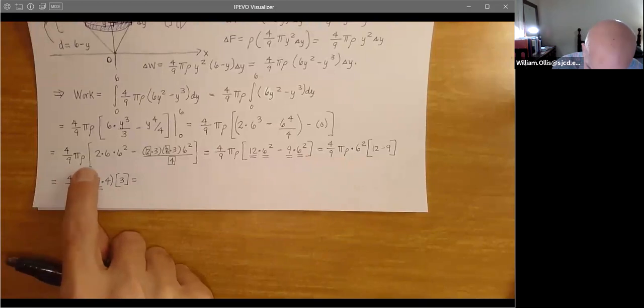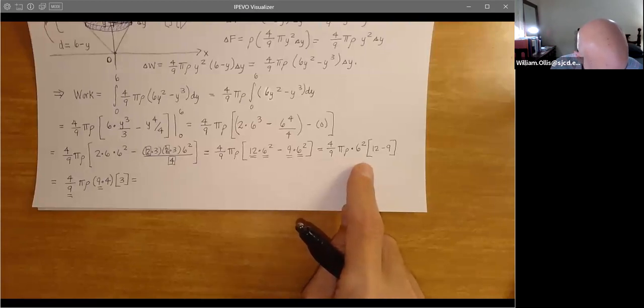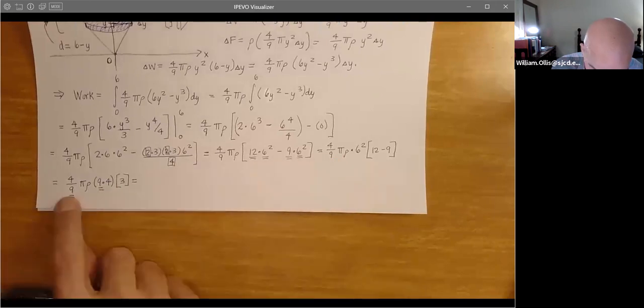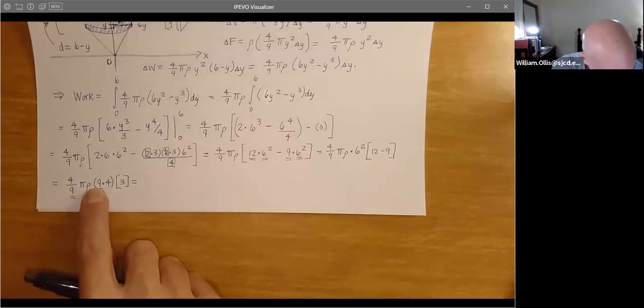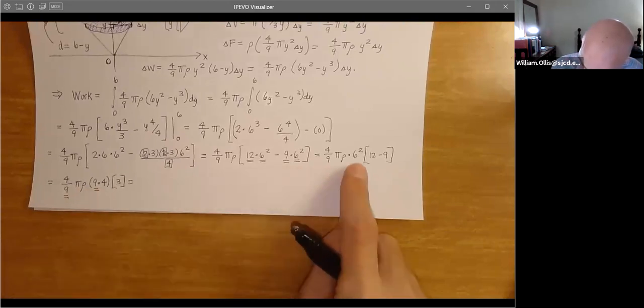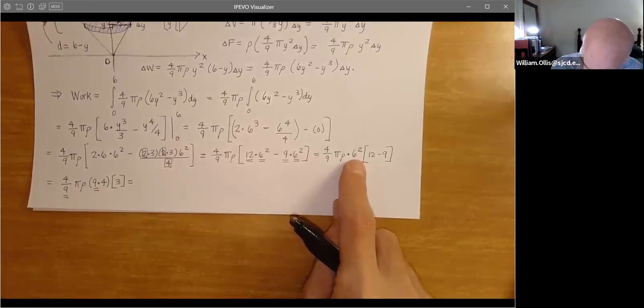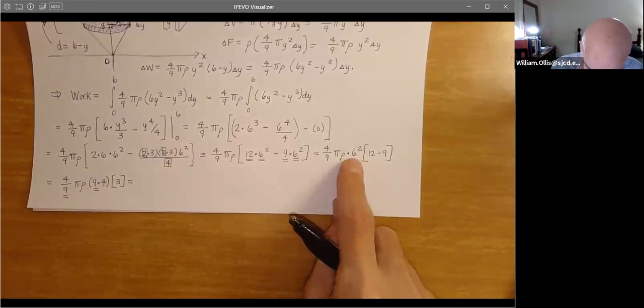So I've got this, I've got the 6 squared, 4/9 pi rho. And then we've got the 3 and the 3, which we get rid of there. And let's see here. So let me just make sure I've got all of the stuff here. 6 squared, which I kind of, let's see here, 3.